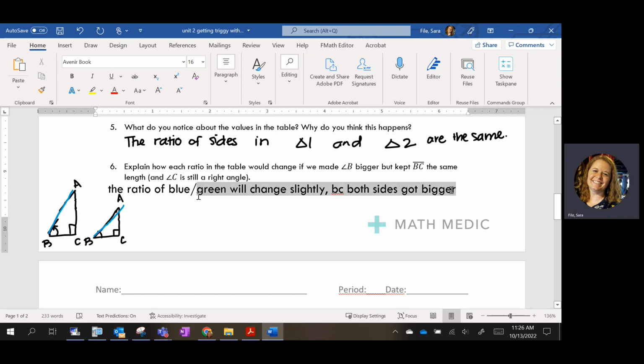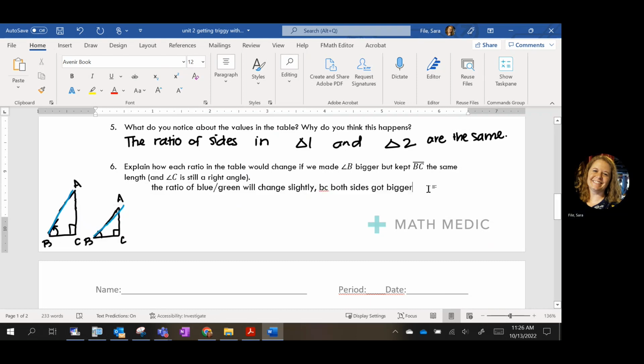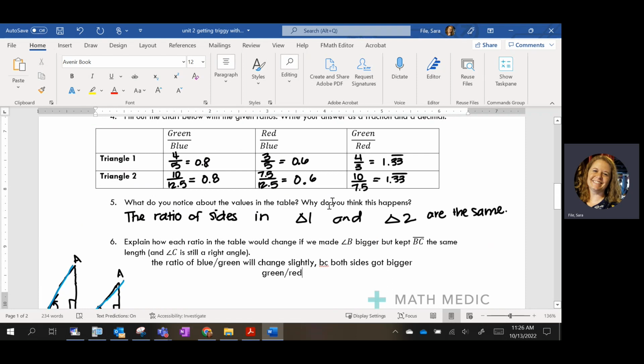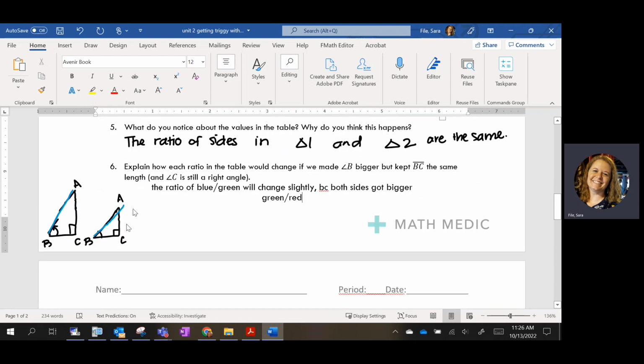Want to change the size of this. So big. Okay. And then the ratio for, let's say, green to red. Was that one of them? Yeah, green to red. So that's this vertical piece to the base.